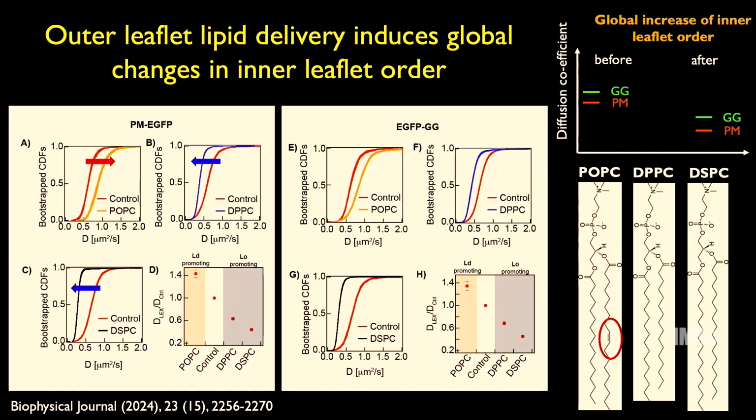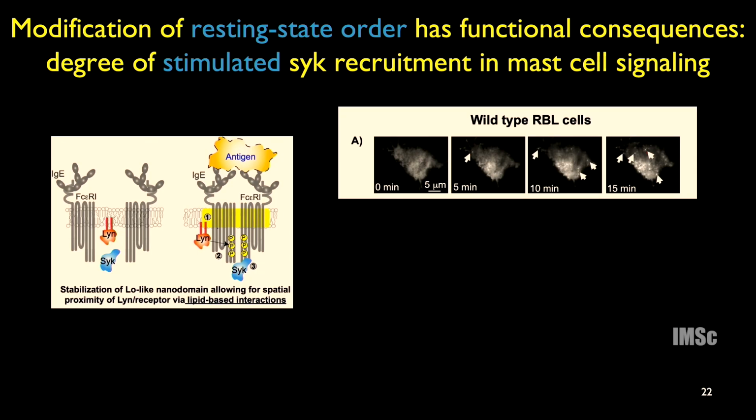And now I add my antigen and see what happens to Syk recruitment. So Syk recruitment is our functional test. Higher or more Syk recruitment, or faster Syk recruitment, testifies that it is oversignaling, or if it is less Syk recruitment or slower Syk recruitment, we call it hyposignaling.